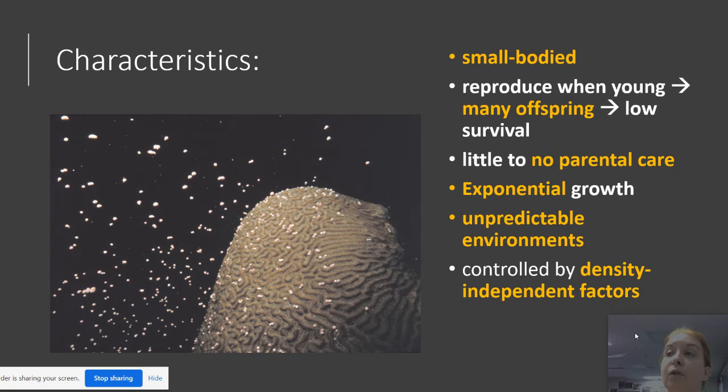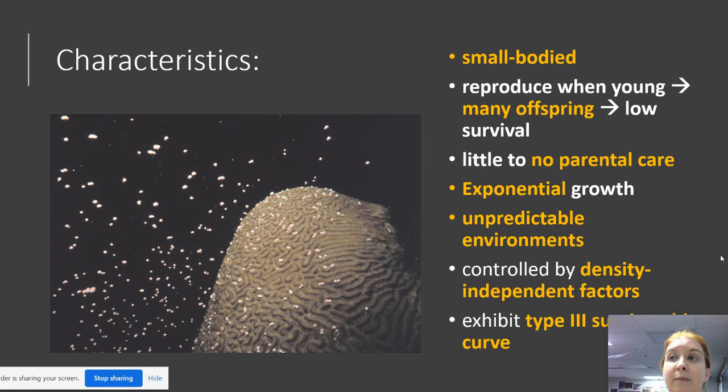And they are controlled by density-dependent factors. So these are things that matter more when you have a high population density and less when you have a low population density. So things like disease, predation, and competition are going to be controlling factors of these populations.